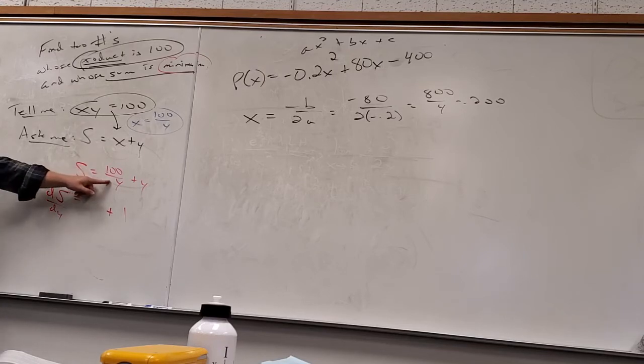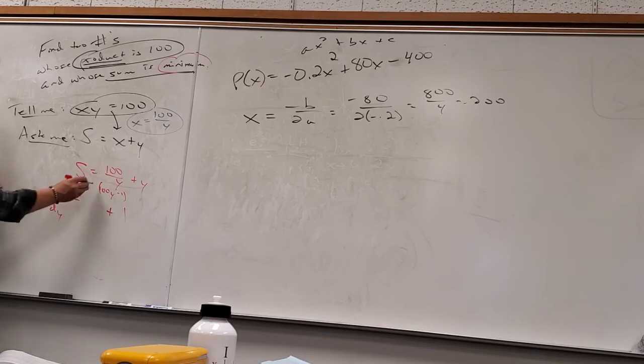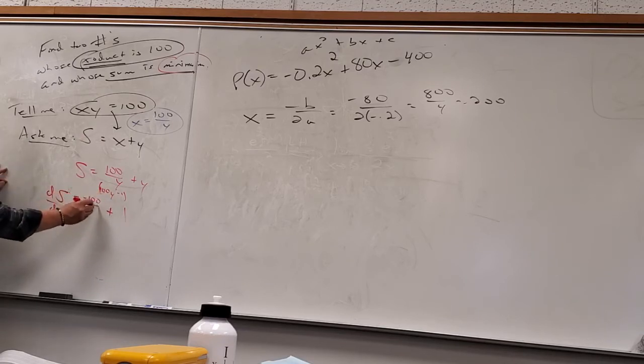And what's the derivative of 100 over y? I can write this as 100y to the negative 1, right? So what is that derivative? Negative 100 times y to the negative 2.